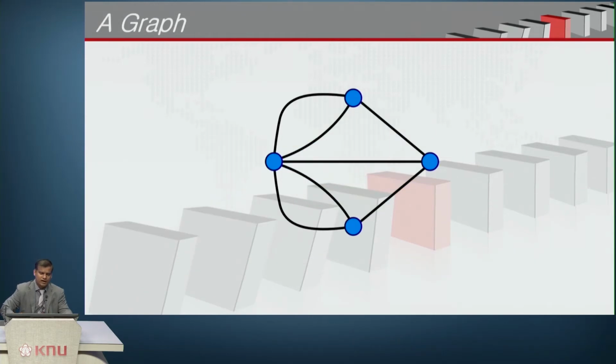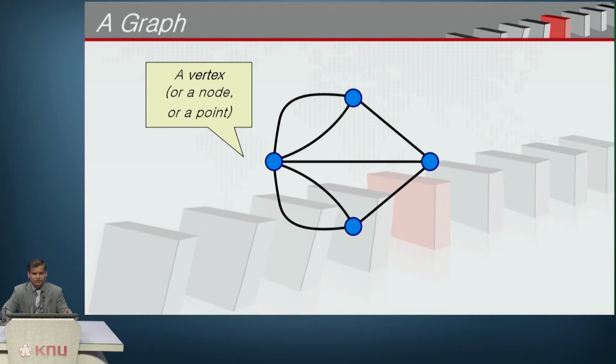Let's define various parts of the graph before we go on to other properties. All these blue color dots, you can call them nodes or points or vertices.